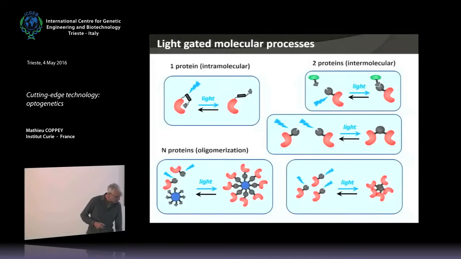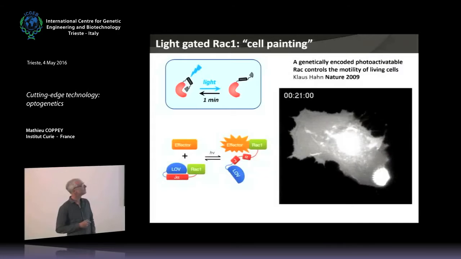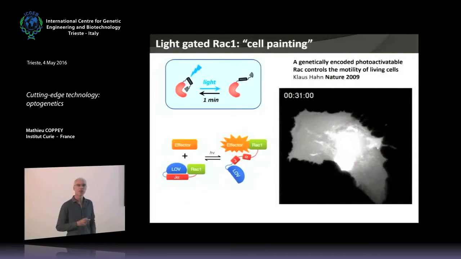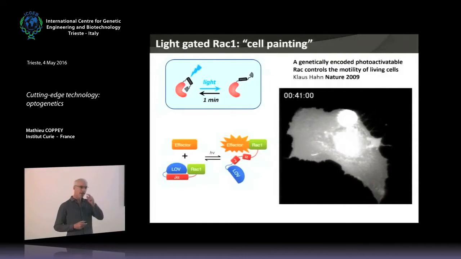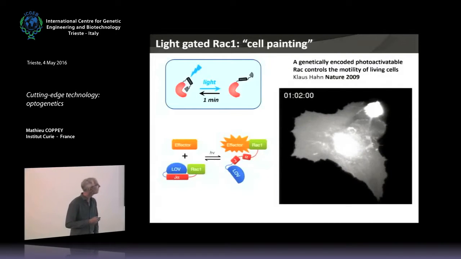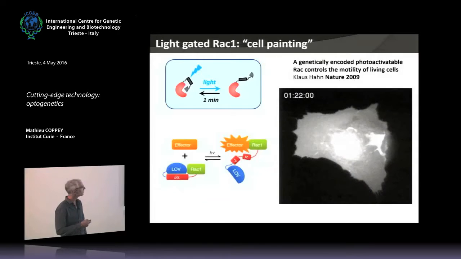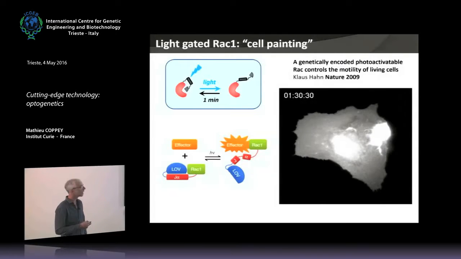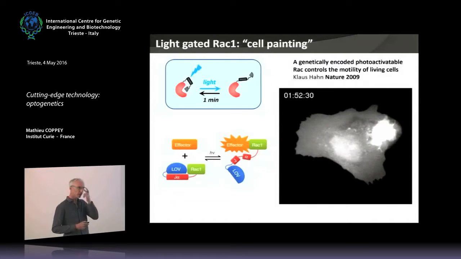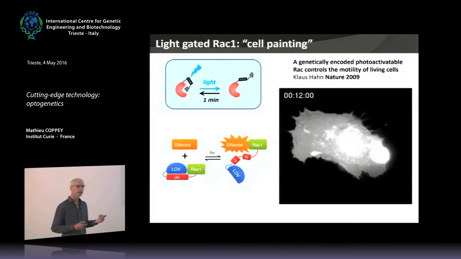To give you some examples, I will start first with this intramolecular system. This is the system that was used in the first movie I showed, where with a laser spot you remotely control the migration of a cell. The idea here is to use a fusion, which is shown here, where you use RAC1. RAC1 is a small RhoGTPase, which is involved in cell migration. It is either inactive or active, depending on its GTP or GDP bound state.